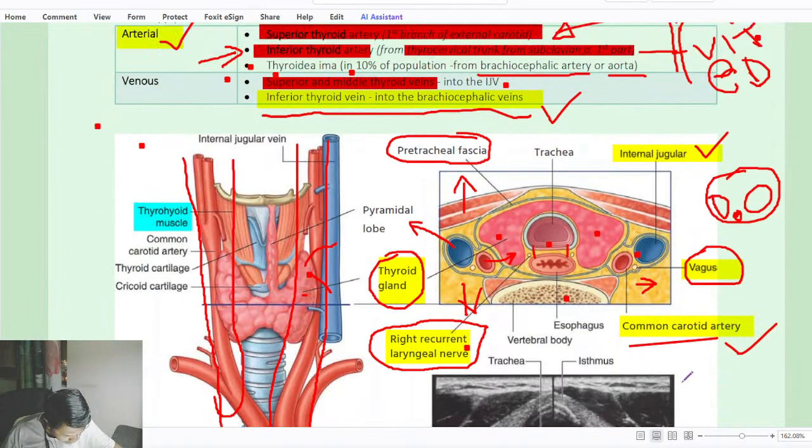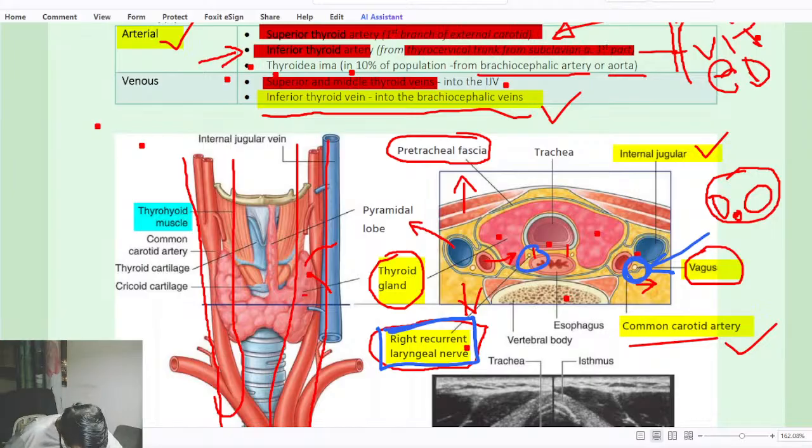See this picture here. This is the vagus in the carotid sheath, right? And this is the recurrent laryngeal nerve. We need to remember their orientation perfectly.